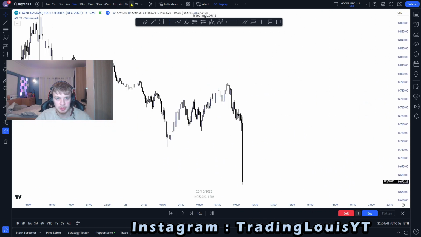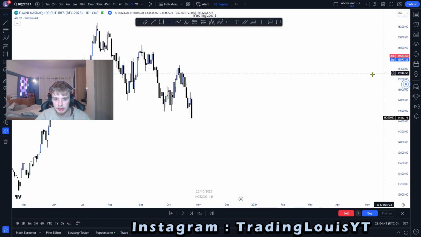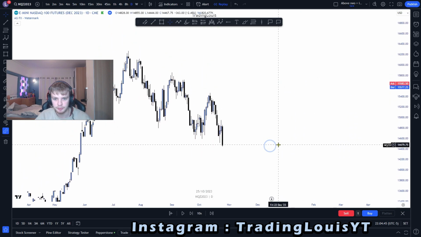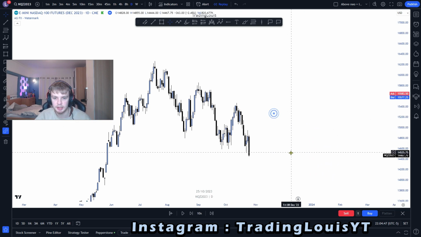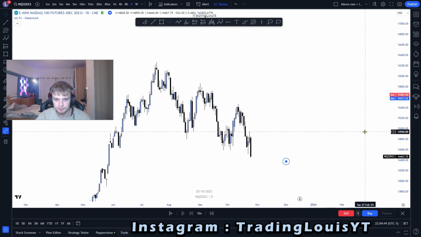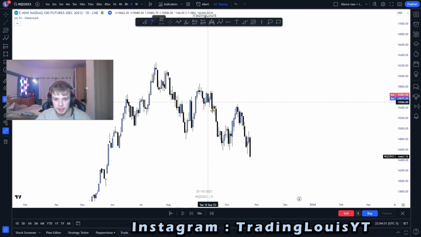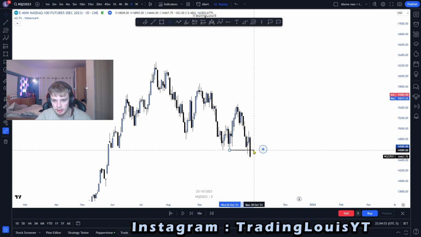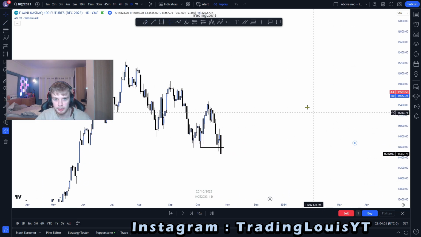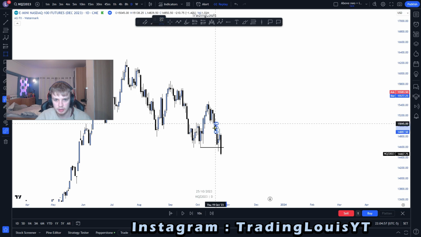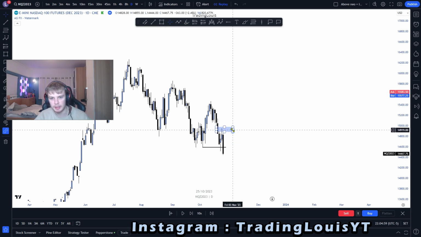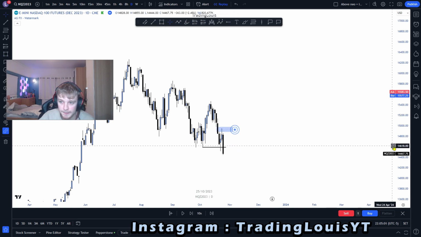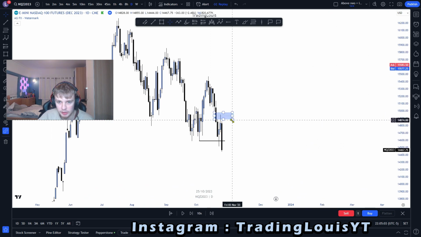So what I would firstly do is I would look at the daily chart, and as you can see, I'm looking at this daily chart, and we have just taken sell side liquidity, so I would keep that in mind. But we are also respecting this bearish fair value gap.